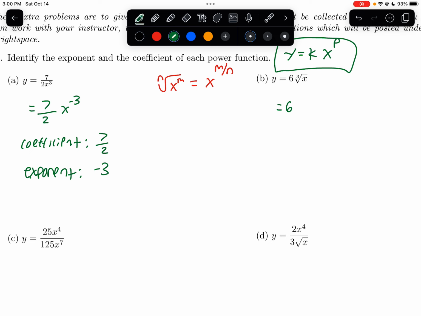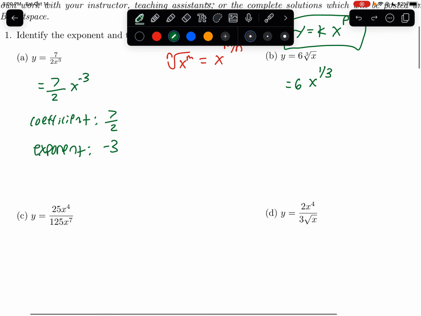So this is x to the 1/3, because I have a power of 1 in the x under the radical, and n is 3, so it's x to the 1/3. So your coefficient would be 6, and your exponent would be 1/3.